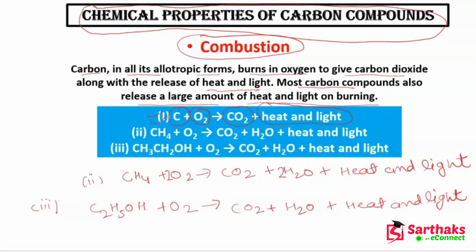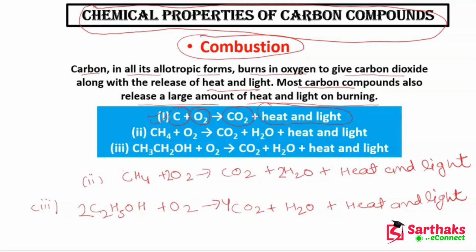If I multiply by 2 here and by 4 there, now you can see the number of carbon is balanced, because 4 carbon is present here and 4 carbon is present there.